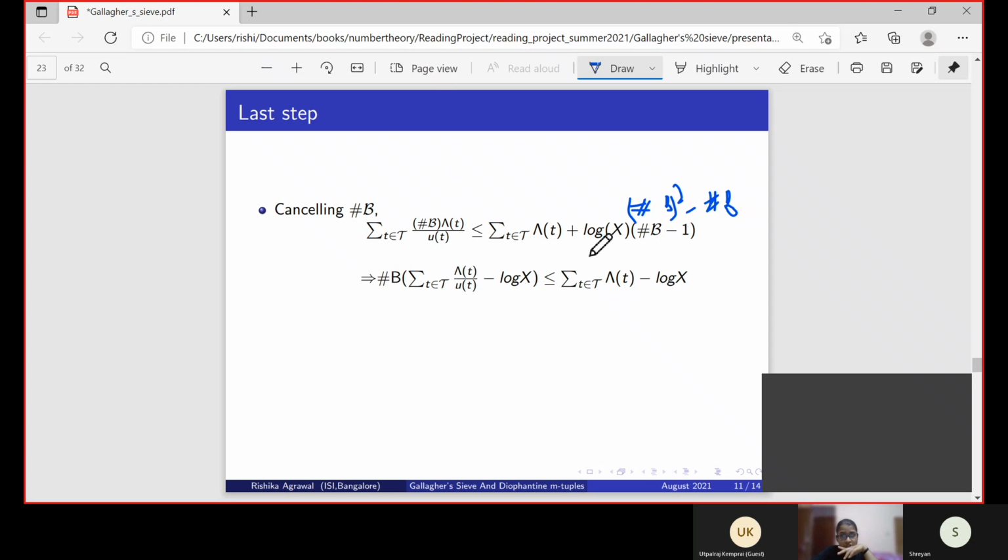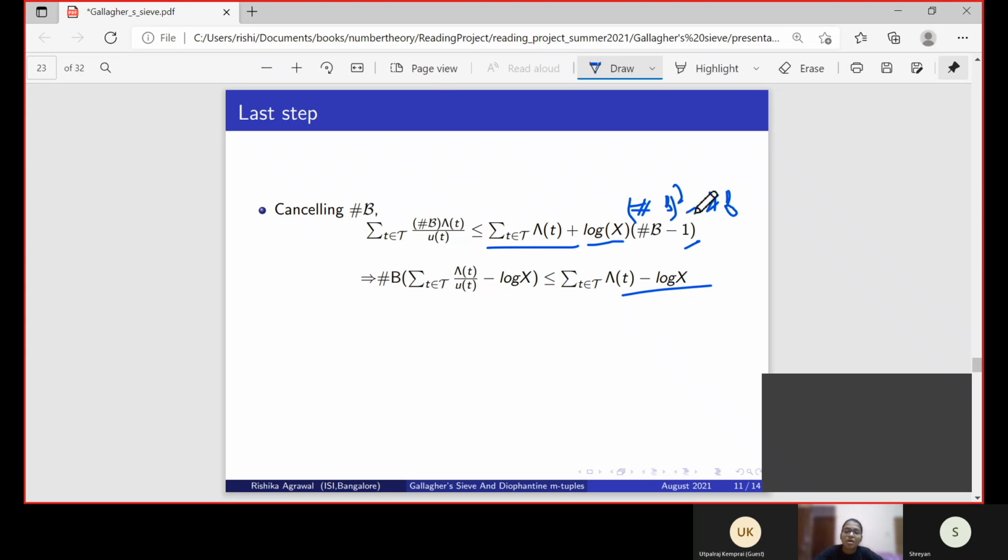Okay, now just shifting the terms which have size of b common, pulling them to the left and all other terms to the right. We have size of b into summation t belonging to T lambda t over ut minus log x is less than or equal to summation t belonging to T lambda t minus log x.